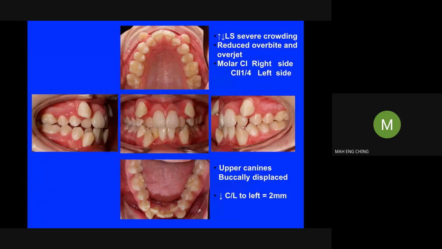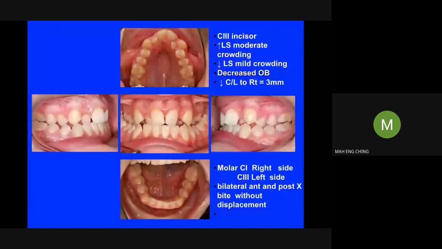Okay, all right. So now we go to the next case.